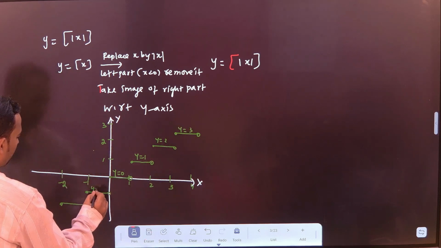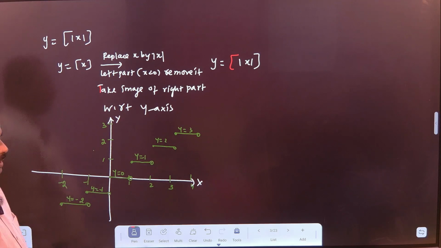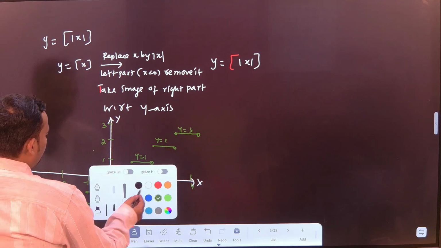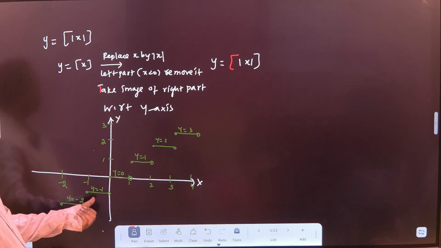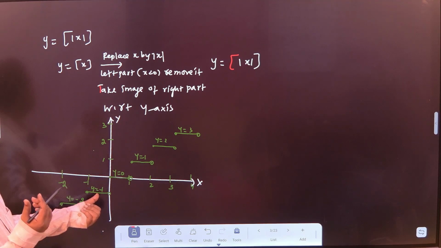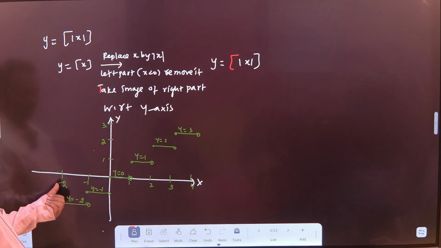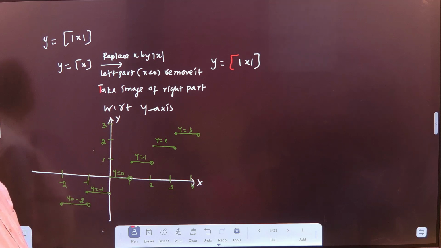Here y is equal to minus 1, here y is equal to minus 2. So when x is minus 1 to 0, y is equal to minus 1. Let us take minus half, so the greatest integer value is minus 1. When you take minus 2 to minus 1, the greatest integer value is minus 2. I hope everyone understands, right?